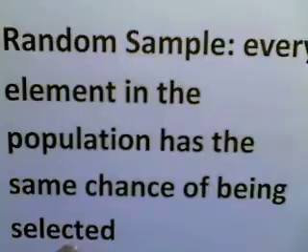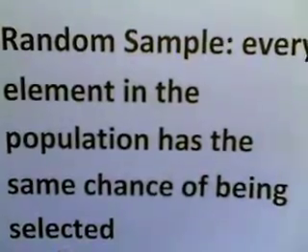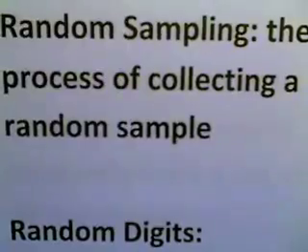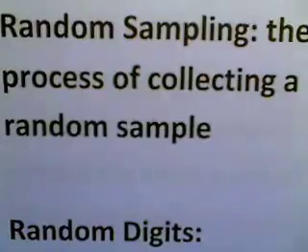And that is a random sample. The process of getting a random sample is called random sampling. So putting the objects into the hat and drawing out would be called random sampling.